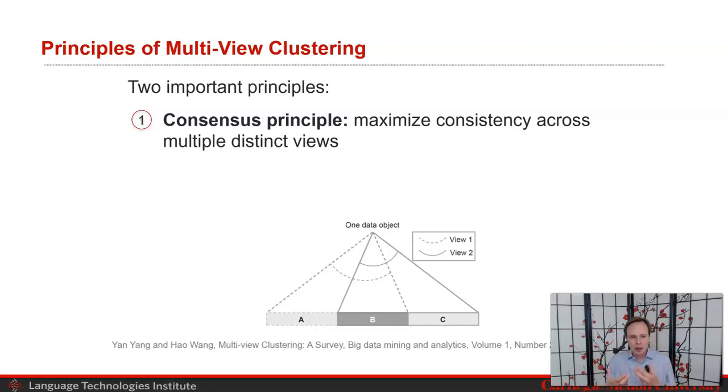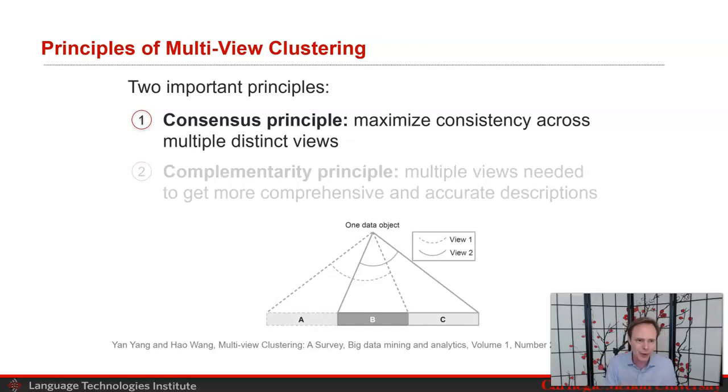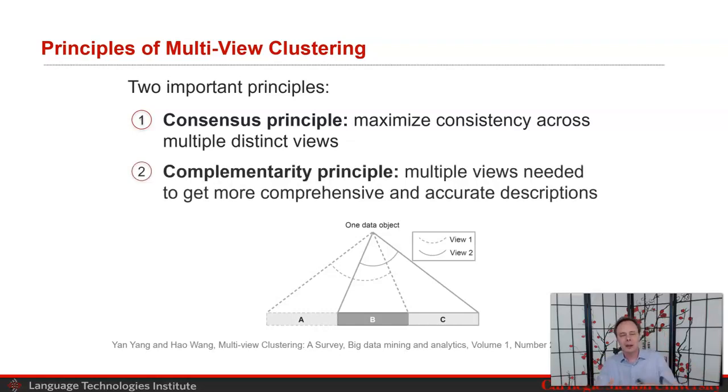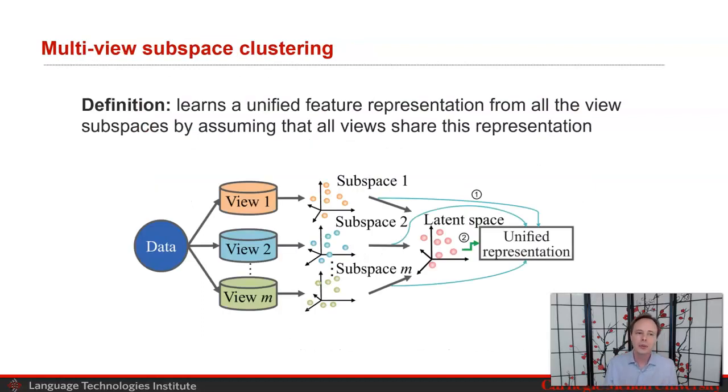In multi-view, there is the consensus principle, where you maximize the consistency across distinct views. That goes with this idea of an intact view. And then there is what is complementary, supplementary, or different from this intact view. And one direction in that sense is multi-view subspace clustering, which learns a unified feature representation from all the subspaces and brings it all into this unified representation.